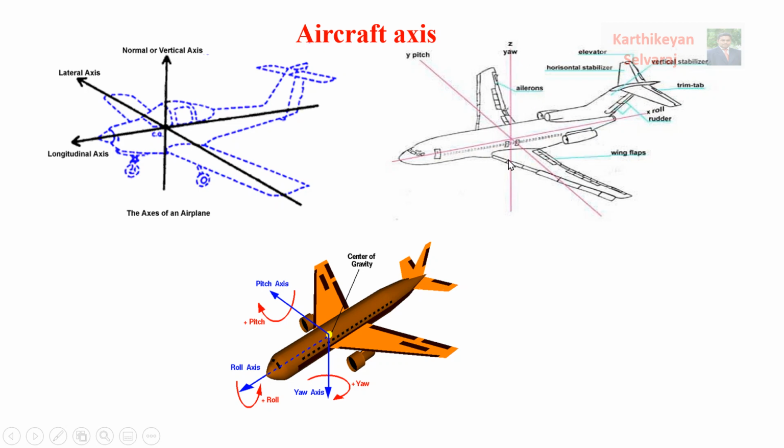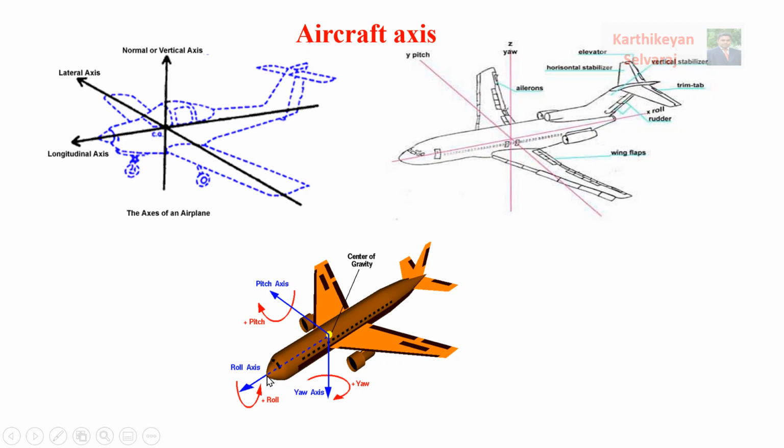Then this is called yawing. The rotation based on the vertical axis is called yawing. The yawing action will be controlled by the rudder. So these are the three axes based on the rotation. Now this diagram will be helpful to know when we can say positive and when we can say negative.